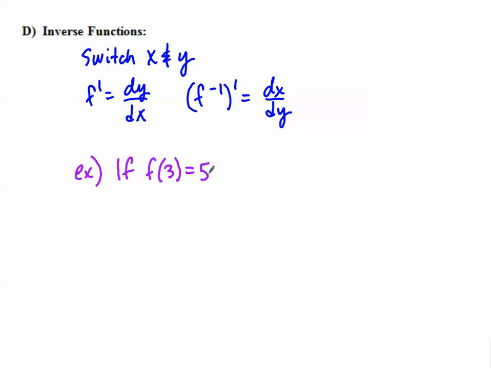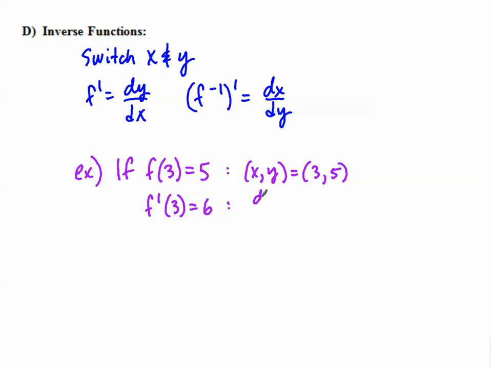Such as in an example where it's just basically looking at, here's a point, f of 3 is 5. Well, what does that mean about the graph of f? The x, y coordinates are 3, 5. Well, f prime of 3, let me just throw out a value. Let's say I find the derivative and it's 6.